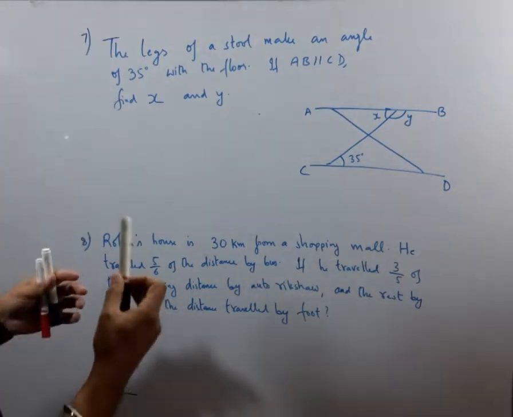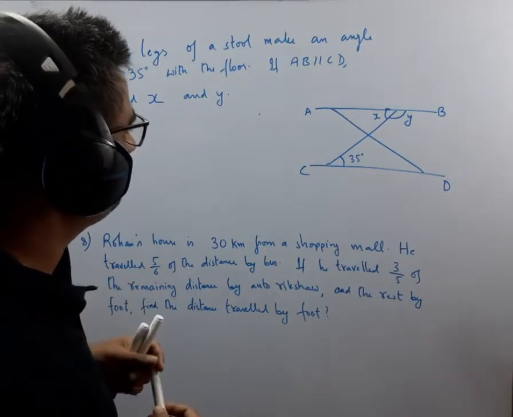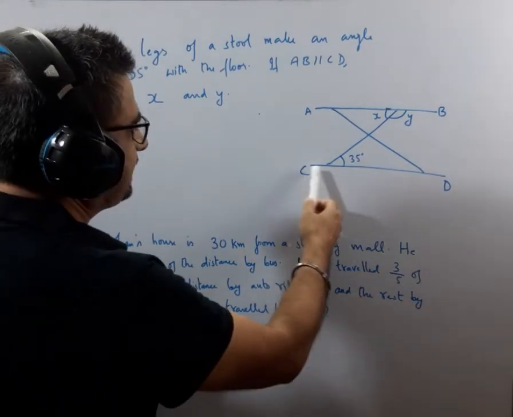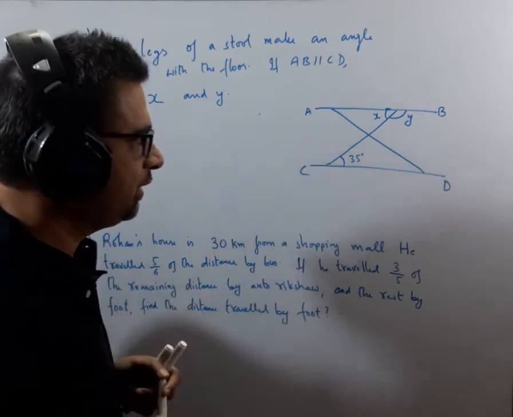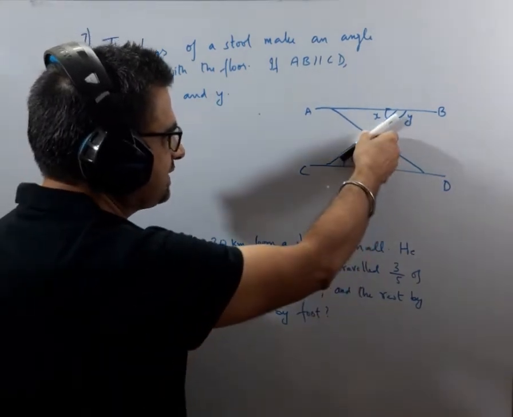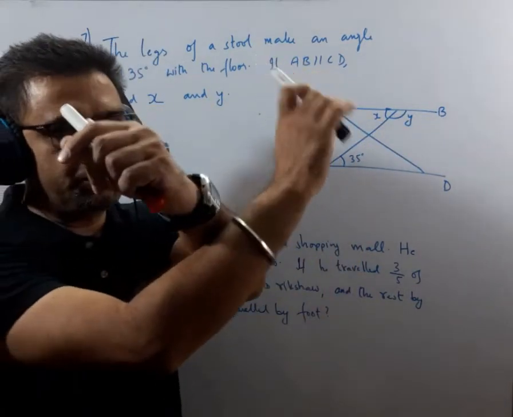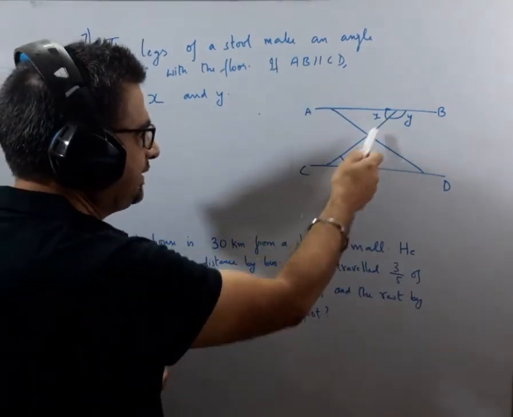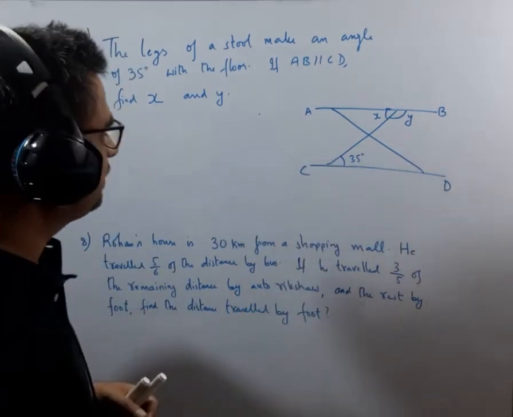The legs of a stool make an angle of 35 degrees with the floor. So you can see that CD marks the floor, or represents the floor, and the legs of the stool, as you can see, this and these two are the legs, and this one makes an angle of 35 degrees with the ground, with the floor.